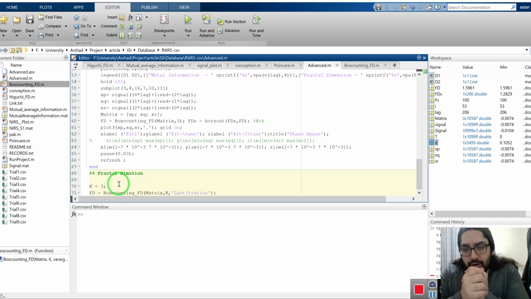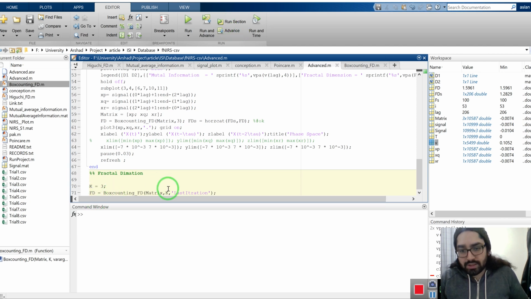To calculate the fractal dimension, you need some K, that is the scales of growth, which is a famous formula, the log of the mass to the log of the scale, and the result estimates the fractal dimension.